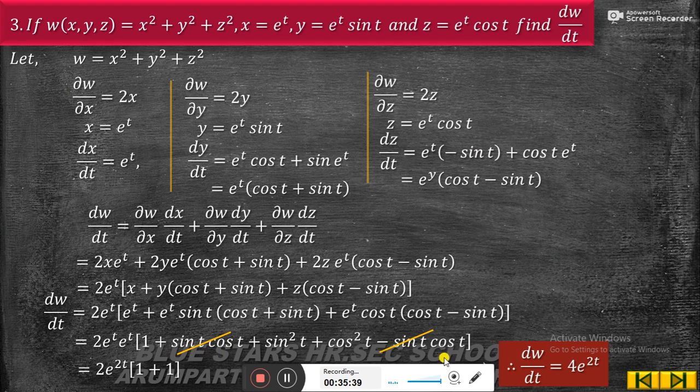Here all the terms have e^t common, so I write e^t outside. The remaining terms are 1 + sin t cos t + sin² t + cos² t − cos t sin t. So sin t cos t cancels, and the remaining terms are 1 plus sin² t plus cos² t, which is 1, so 1 + 1 = 2. So 2 times 2 is 4: 4e^(2t). dw/dt equals 4e^(2t). This is your answer.